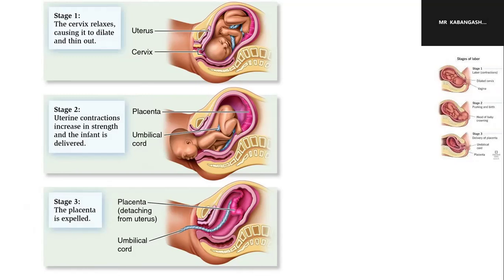So monitor this 4-hourly, of course, under aseptic technique. So 4-hourly monitoring of molding. So see that the sutures are not extensively overlapping each other, as that may cause brain damage. Now, the baby comes with complications like cerebral palsy, so you don't want to deliver such a baby under your care.